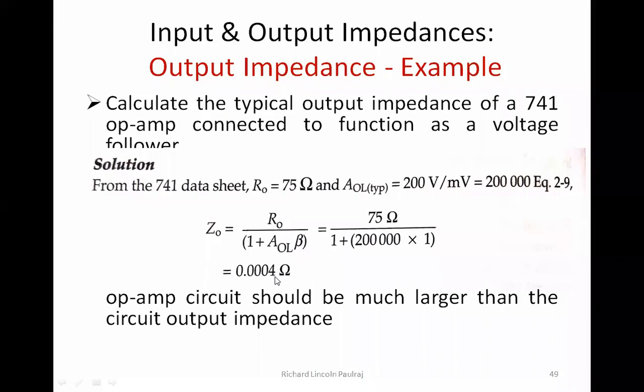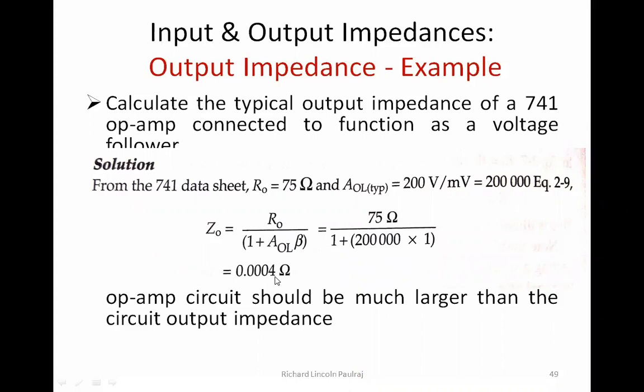So we say that the output impedance is zero, and the input impedances are infinitely large, in the range of megohms, gigaohms, and 10 raised to 12, two huge impedances.